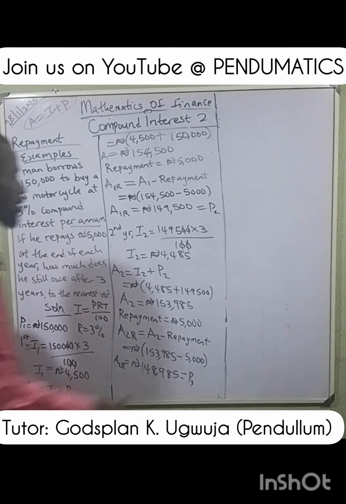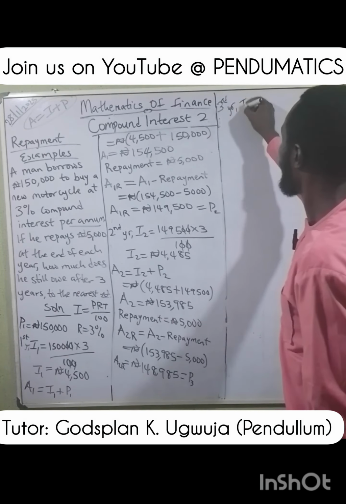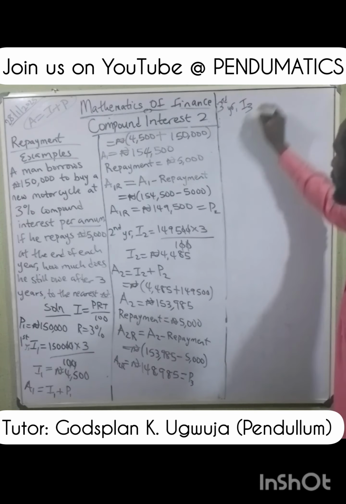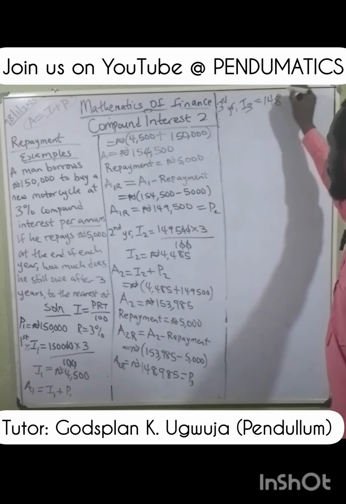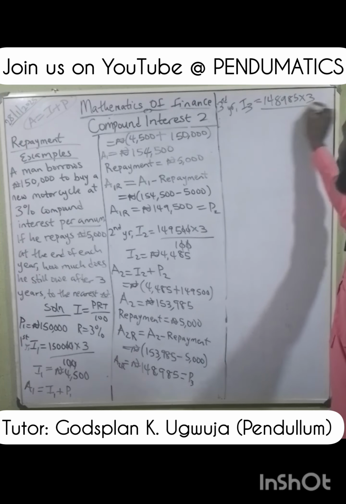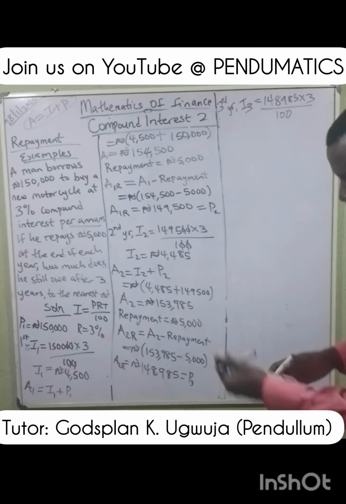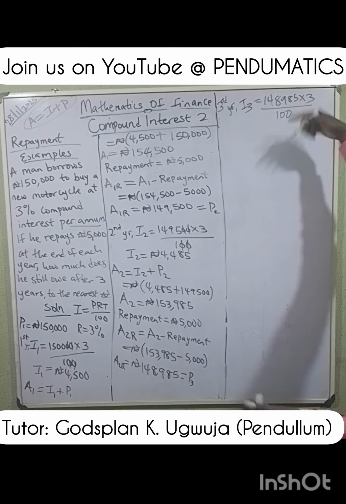Remember. So finally, we'll solve for the third year. Third year, our interest is still PRT over 100. Our P is 148,985. Rate is still 3 over 100. So we'll multiply this by 3, since we can't cancel out 0.